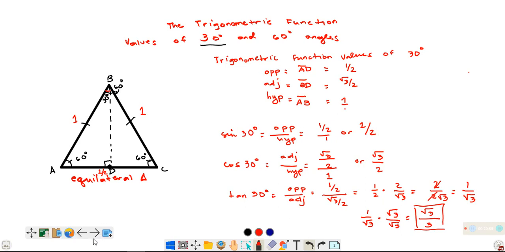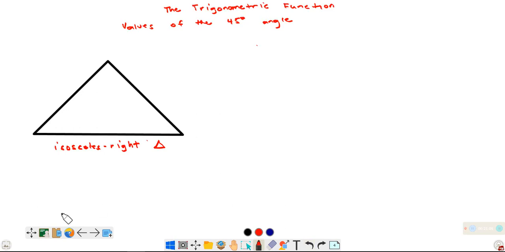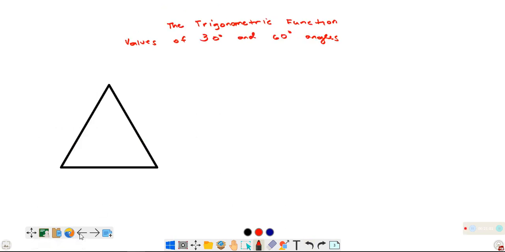Doon na tayo sa kabila. Doon naman tayo sa 60 degrees. Lipat tayo ng slide. Ayan. Ito. So, dito naman tayo sa 30, tapos na tayo sa 30 degrees, dito naman tayo sa 60 degrees. Ito yung graph natin kanina.